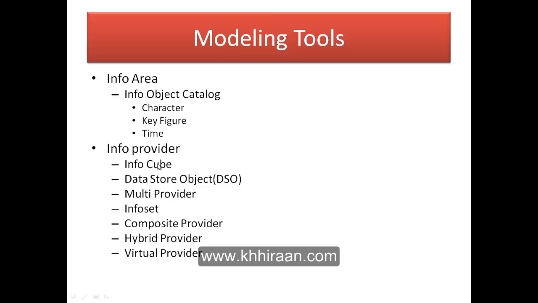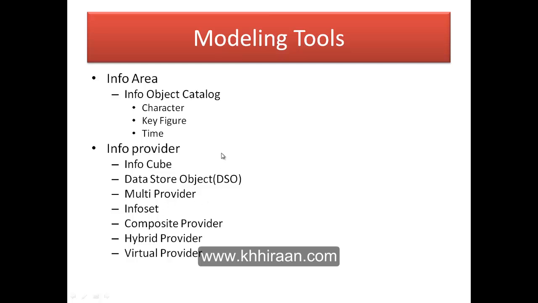So these are all what we can call data targets or InfoProviders. What is the meaning of InfoProviders? They provide the information, and we can use all these InfoProviders for creating reports. Information is nothing but a report. So they provide the information to create reports. That's the reason we call them InfoProviders.